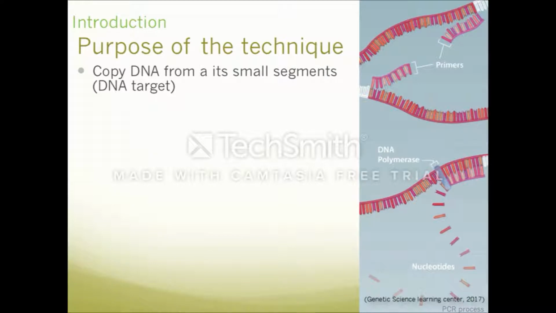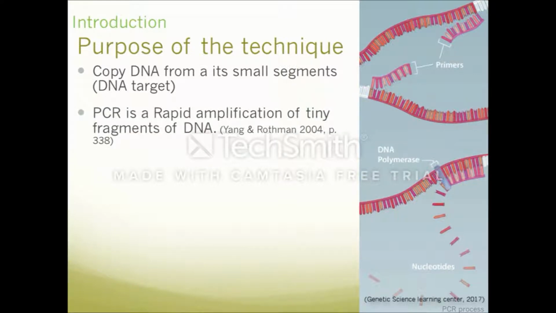So, using PCR with a small segment of DNA, which you can call target DNA, it's possible to copy the DNA many times. In simple words, PCR is a rapid amplification of tiny fragments of DNA.